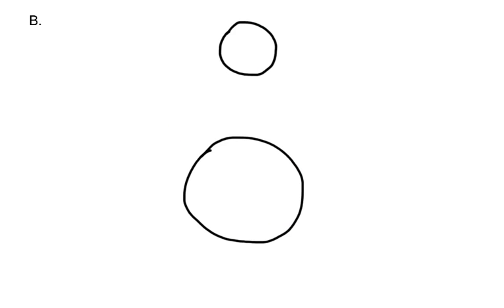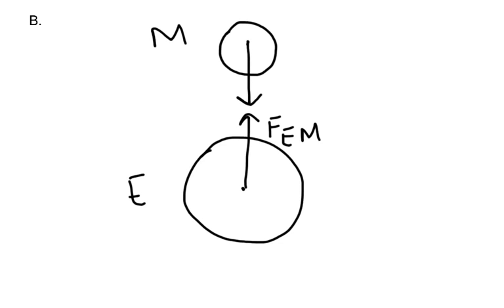Speaking of the moon, here's the moon orbiting around the Earth. Here's the Earth. Now, if we apply Newton's law of universal gravitation, there's a force on the Earth because of the moon, and the moon has a force on it because of the Earth.